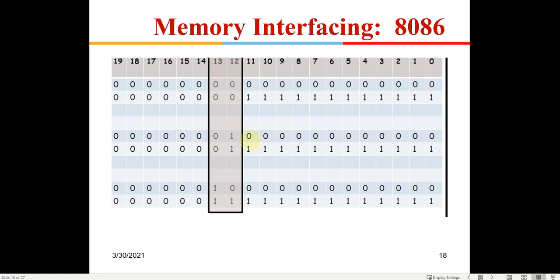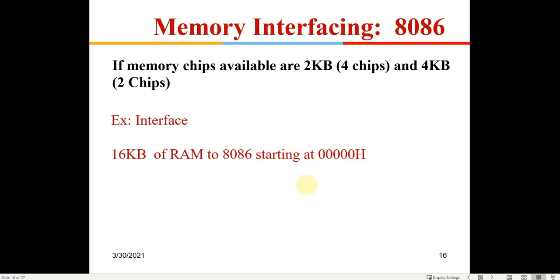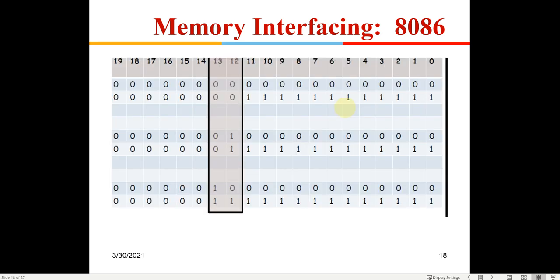In this case again another set, 0 to 11, there are 2 KB, so 11 bits. Now to distinguish between this set and this set, we have changed the MSB to 1 and 0, whereas in this case, since it is a 4 KB RAM instead of 2 KB, this is also going to change from 0 to 1.